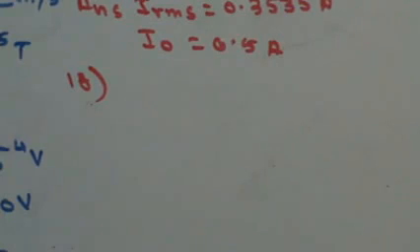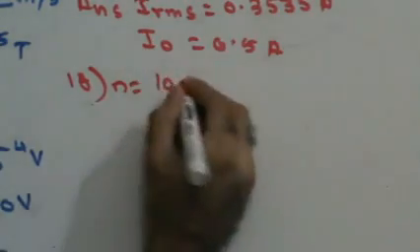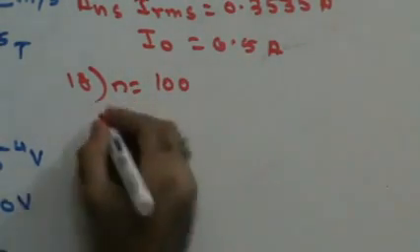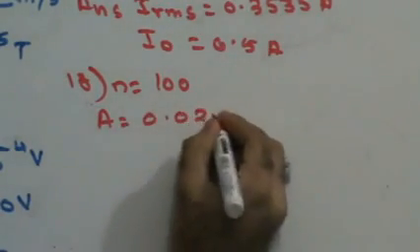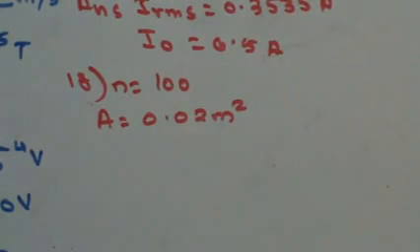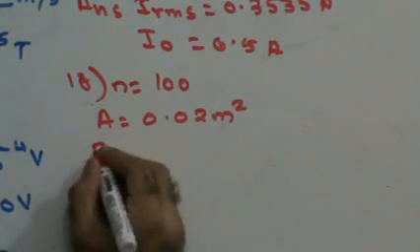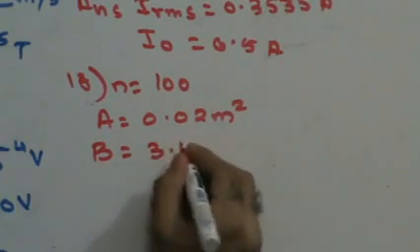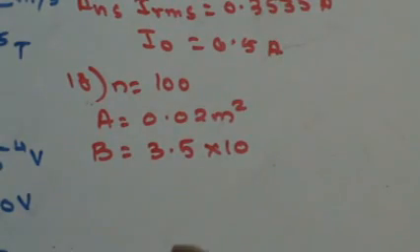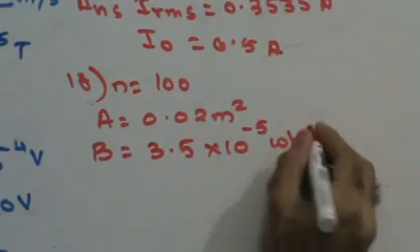A coil has 100 turns, each of area 0.02 meters square, is rotated in a magnetic field of 3.5 into 10 raised to minus 5 Webers per meter square.